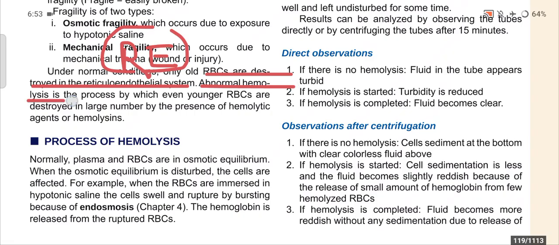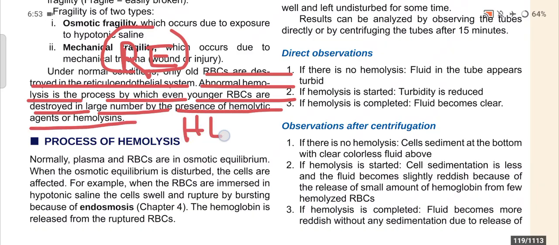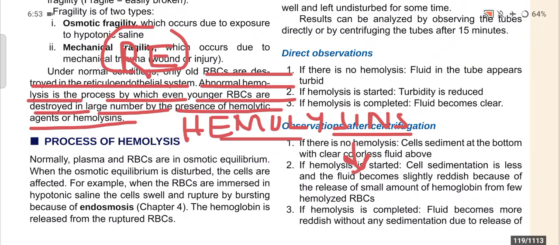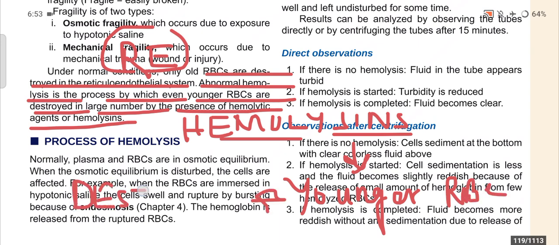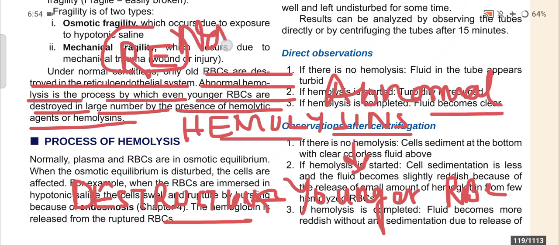But abnormal hemolysis is the process by which even younger RBC are destroyed in large number by the presence of hemolytic agents or hemolysins. So the hemolysin which is present will affect the younger RBC, and destruction will happen. This is the abnormal condition and that is the normal condition.